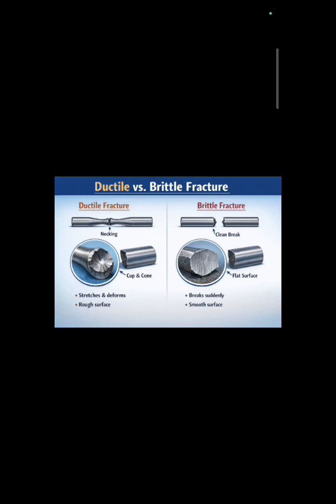While brittle materials stretch very little and break suddenly, absorb very little energy and fail without warning, and have a clean break and a flat surface. So brittle breaks suddenly and ductile breaks with warning. So it is better to have a ductile material.